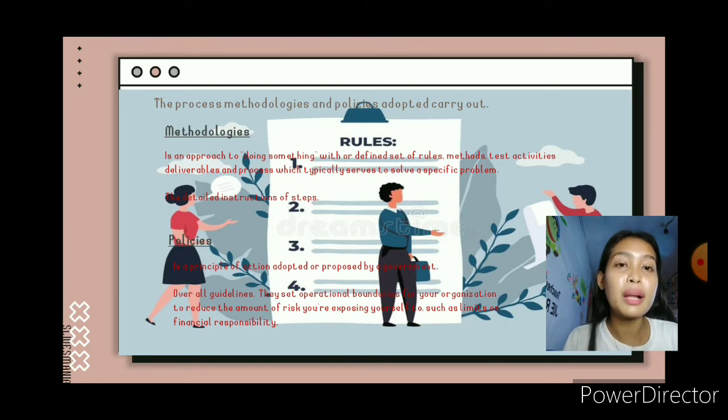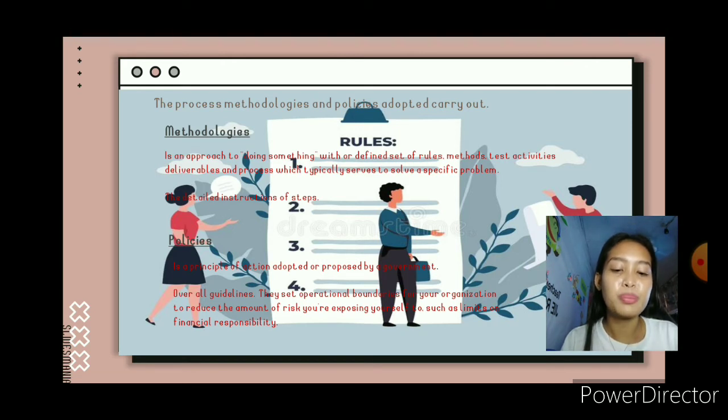So policy is a principle of action adopted or proposed by government. Policies are overall guidelines. They set operational boundaries for your organization to reduce the amount of risk you're exposing yourself to, such as limits on financial responsibility.